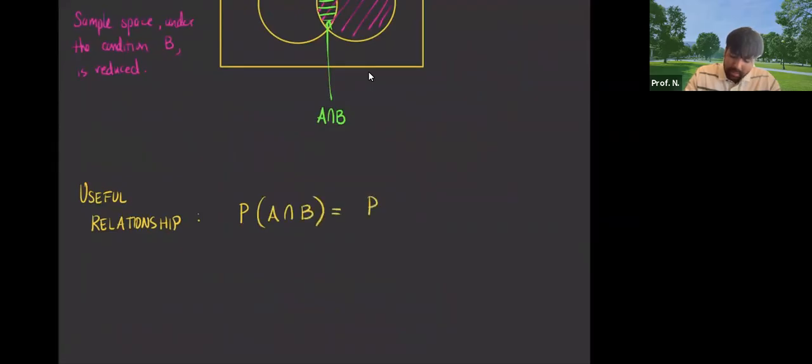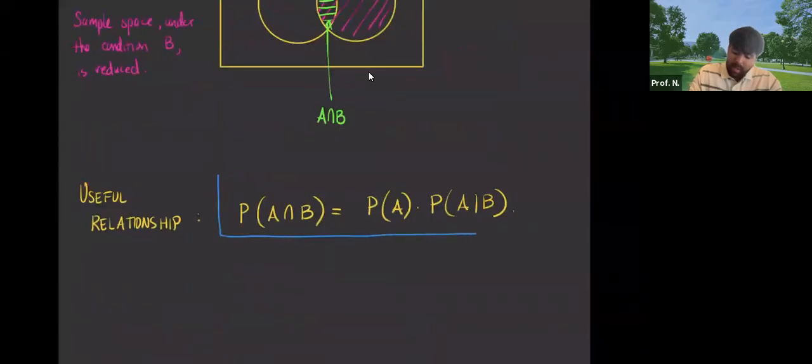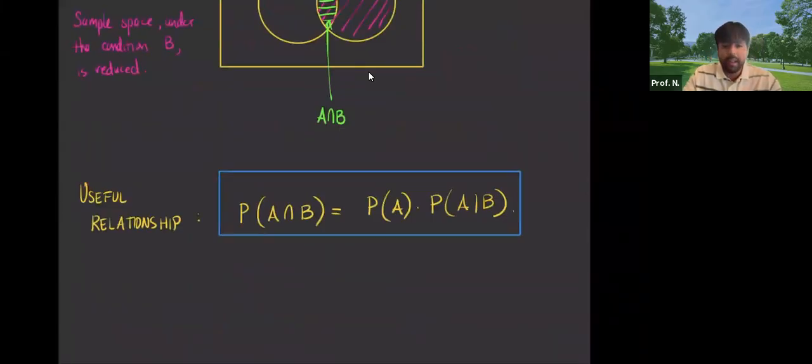That's equal to the probability of B multiplied by the probability of A given B. This is another way to now find the intersection of two events. So this might become very useful, and let's see that in action now.